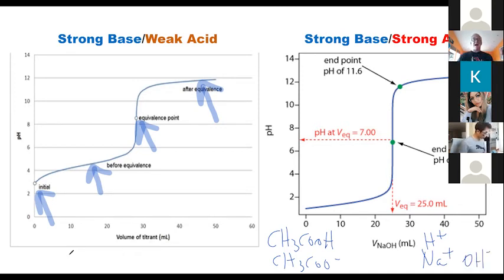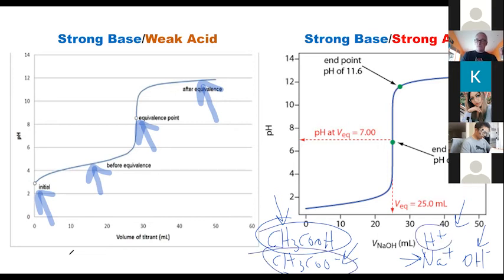So these are the 4 ions that are going to be there: acetate ion, sodium ion, protons, and hydroxide. And then the acid will be acetic acid. So those are the 5 things we're going to be looking at in terms of who's present and in what concentrations, okay? So 1, 2, 3, 4, and 5.